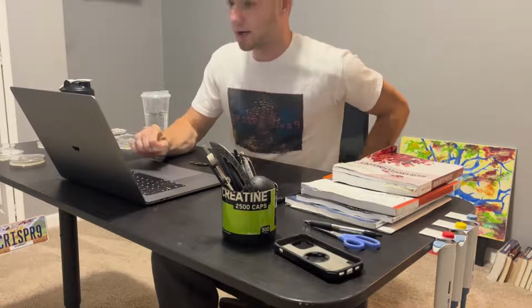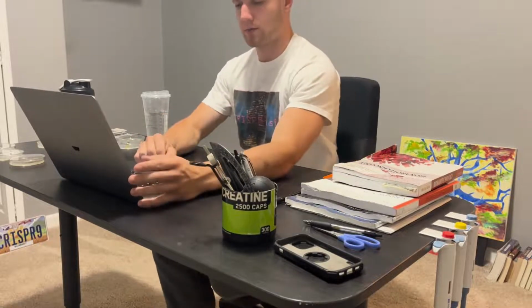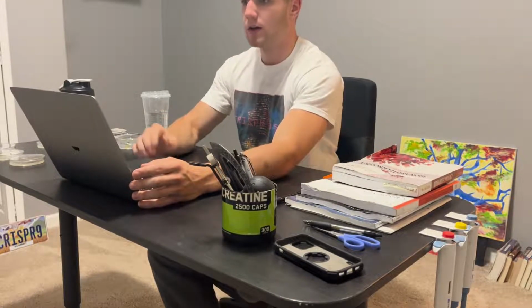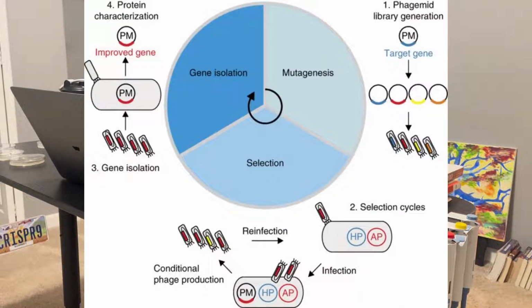What they did was use directed evolution, which is an incredible tool in itself. Here's what comes to my mind when I hear directed evolution. I can't remember what the paper was that I saw, but you remove an essential gene for reproduction out of a bacteriophage. You put that gene as a plasmid inside of a bacteria, and you add an engineered gene for a specific molecular tool you're developing into the phage.